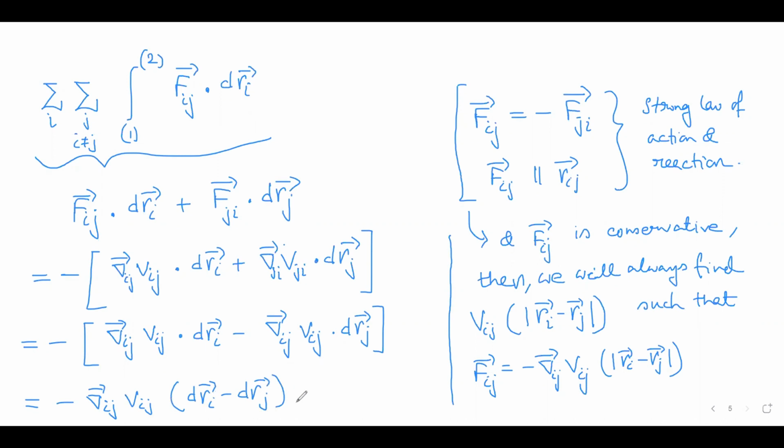So this term we will write as minus gradient_i Vij dot drij, where drij means dri minus drj.